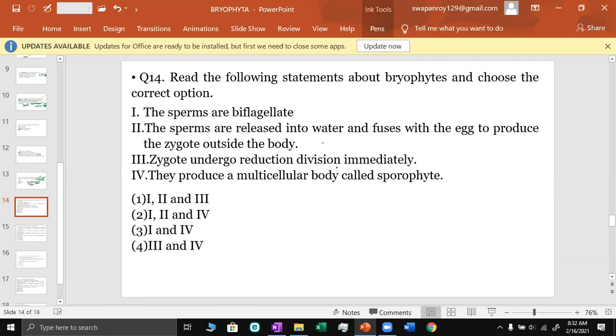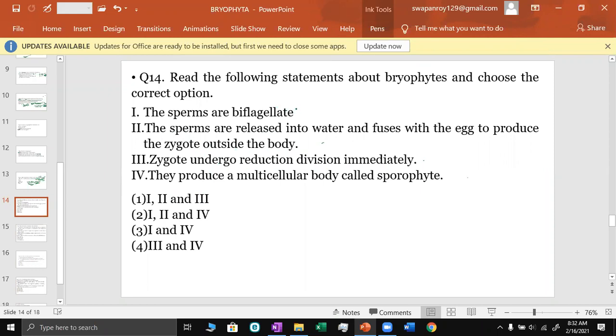Three, zygote undergoes reduction division immediately. Four, they produce a multicellular body called a sporophyte. So here, which option?